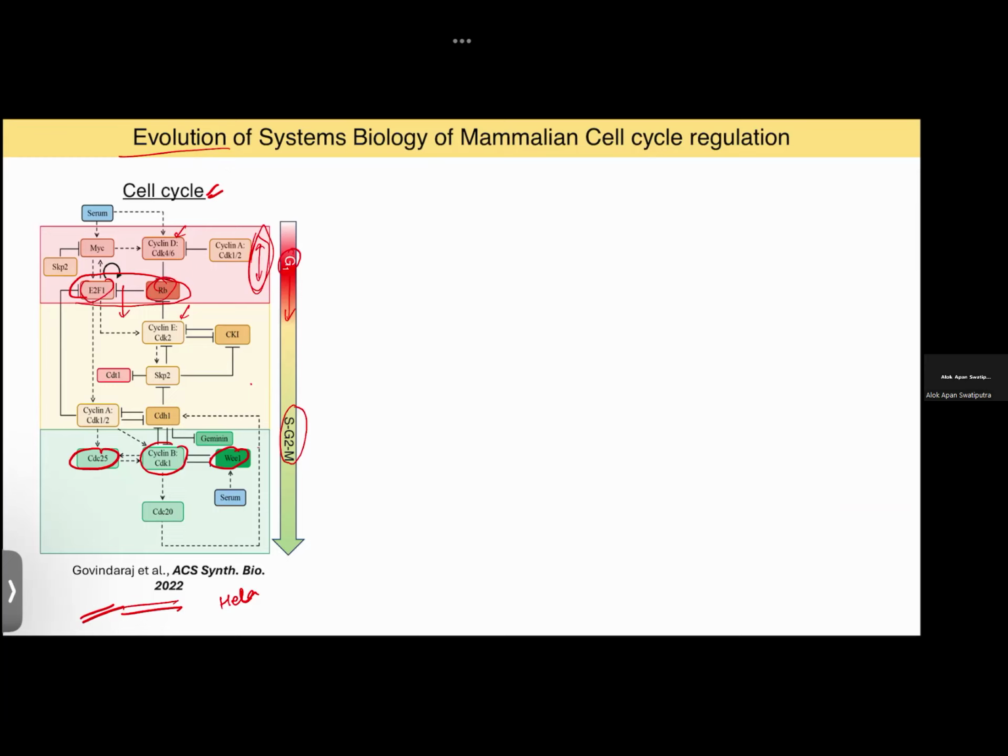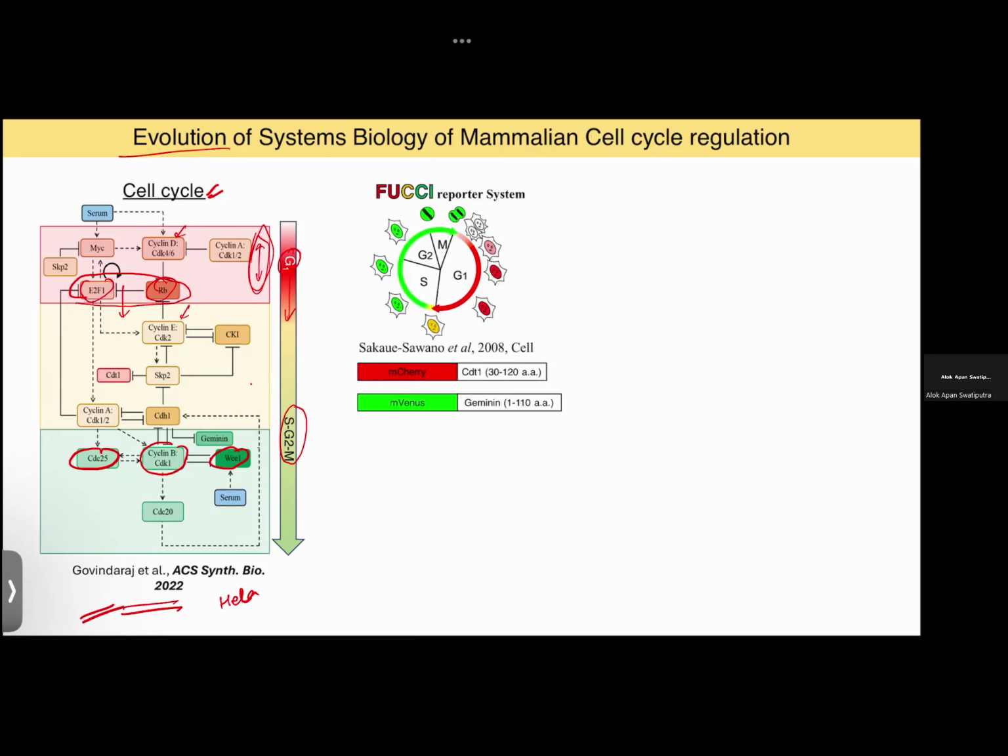I'll show you one small tool which is used in experiments, at least in current systems, which is called the Fucci reporter system. What essentially it does is, if you see in this particular thing, you see something called Geminin here, which I'm circling, and you have CDT1. Sorry, Geminin and CDT1.